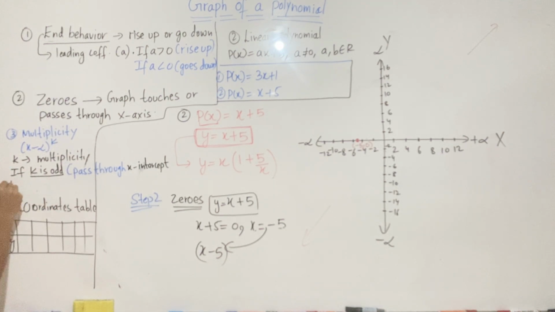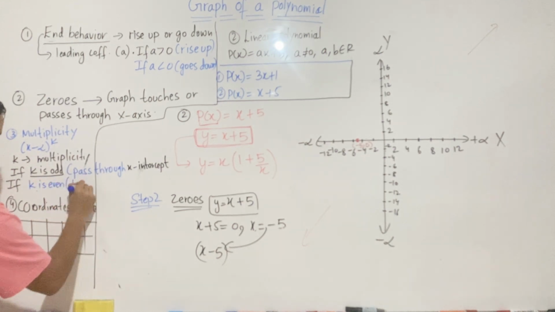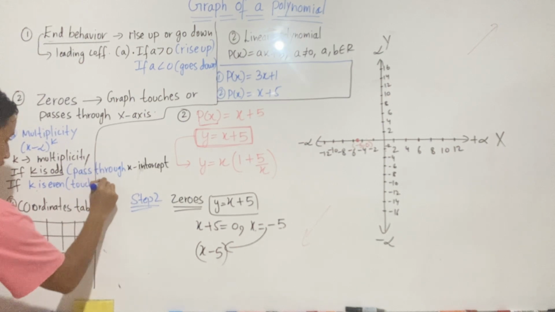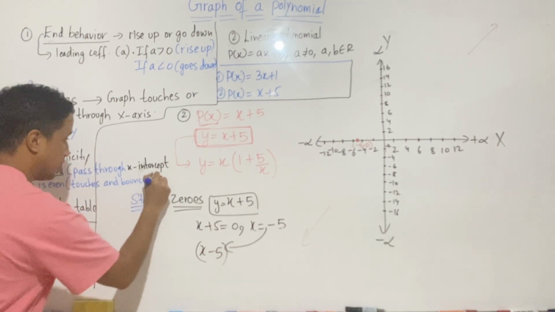And if k is even, the curve touches and bounces over. What does it mean?